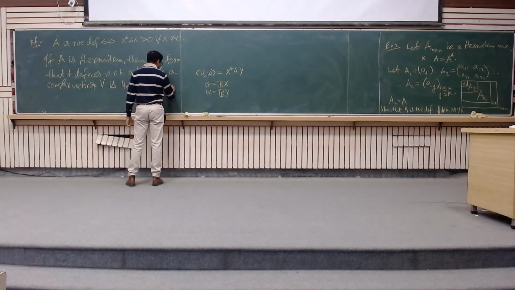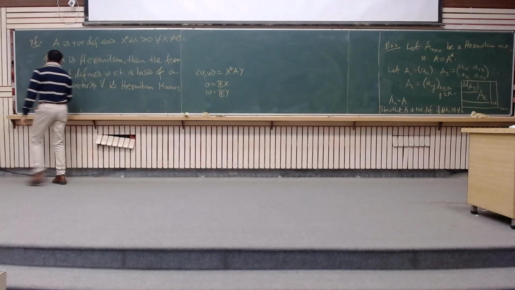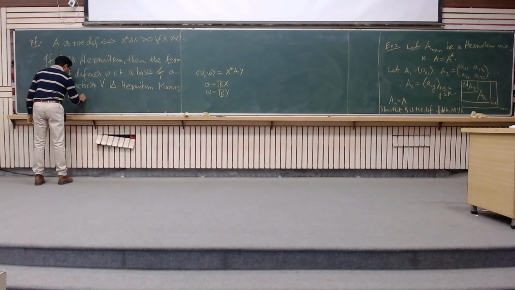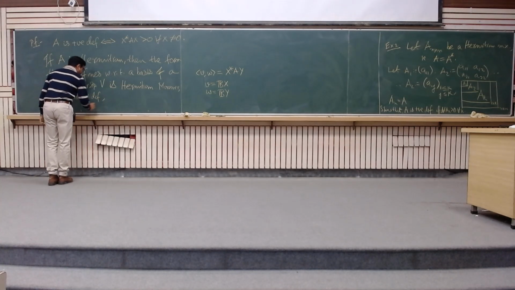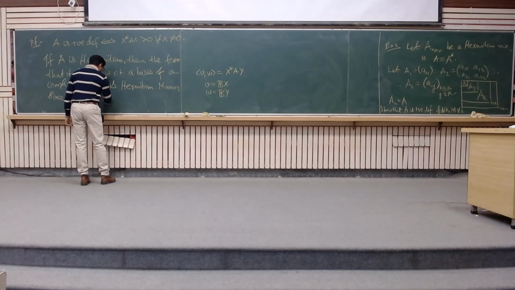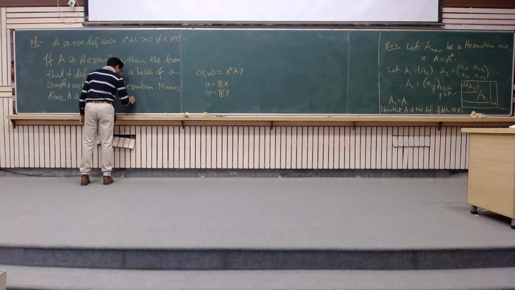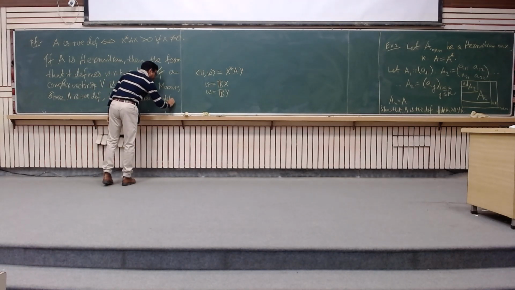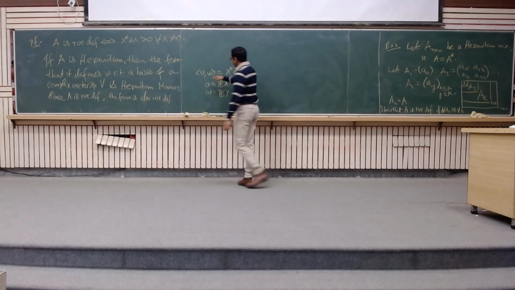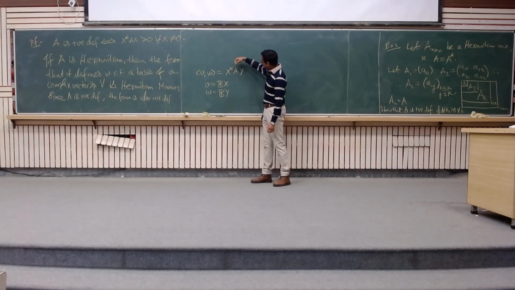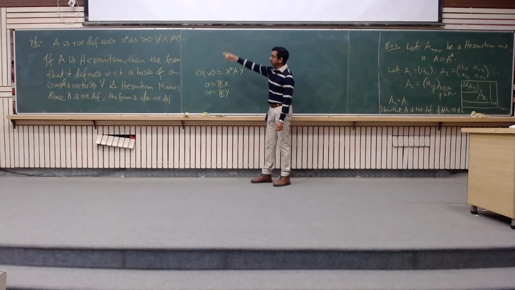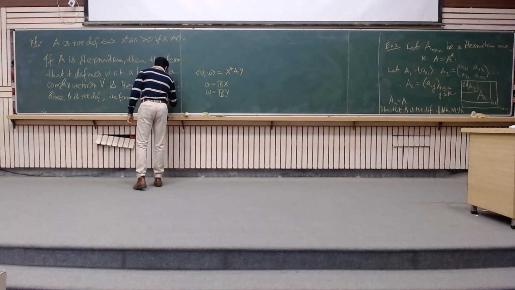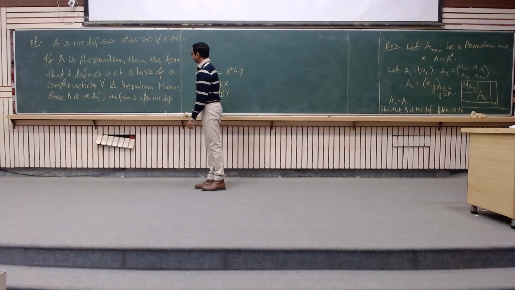Moreover, since A is positive definite, the form is also positive definite. It simply means that if you put the same vector here, that is, if you are getting X star AX, that is positive. That's the definition of a positive definite matrix. The form is also positive definite. Okay.